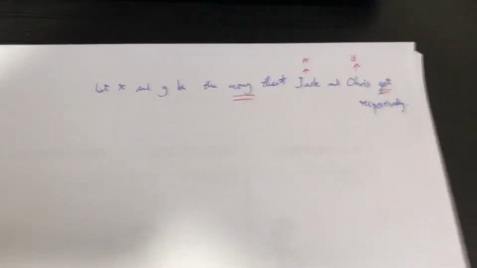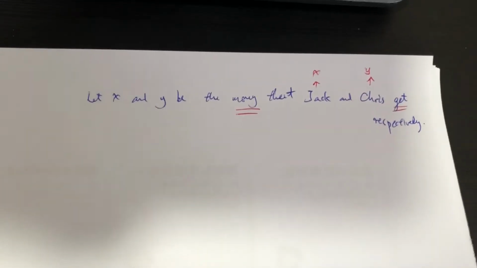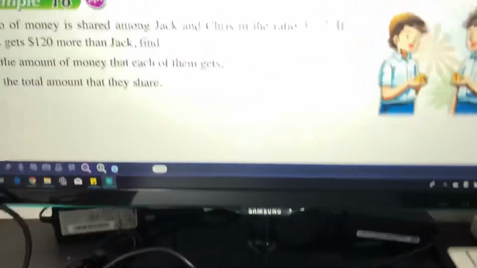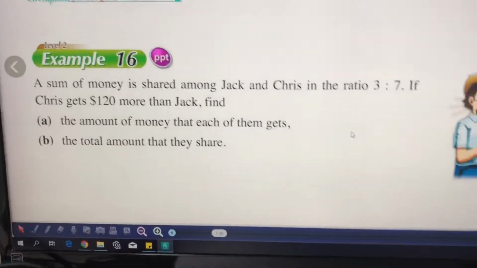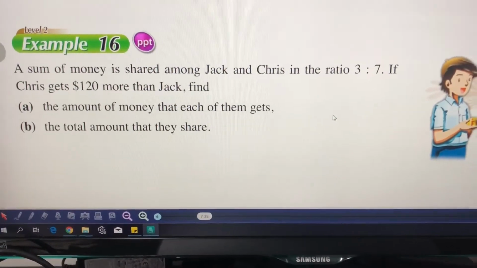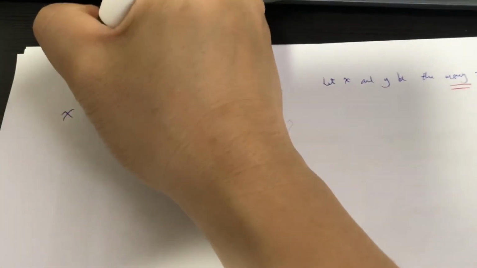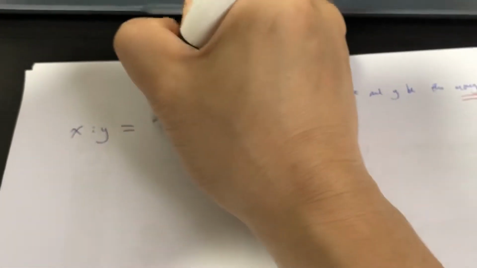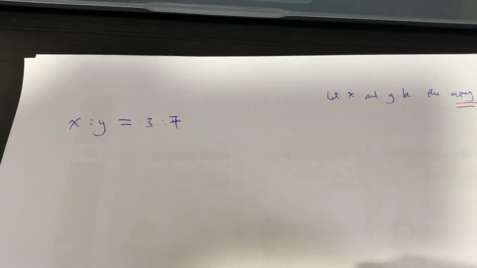Now let's take a look. For the first sentence, it's given that the amount they get is in the ratio 3 to 7. So on the left-hand side, x to y equals 3 to 7. Jack is 3, Chris is 7, right?